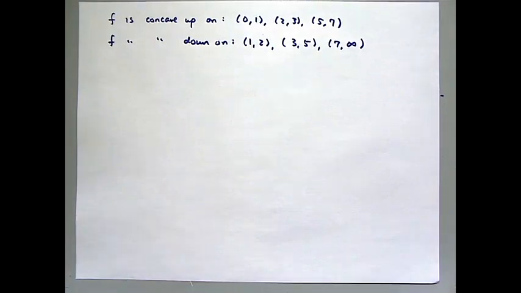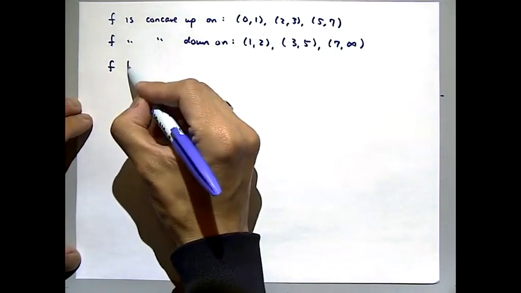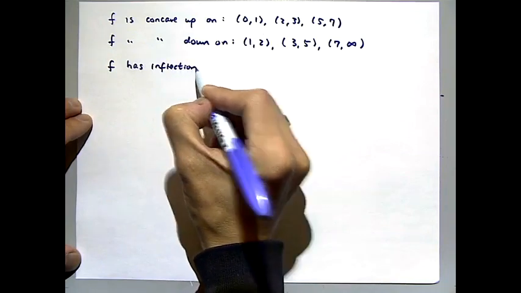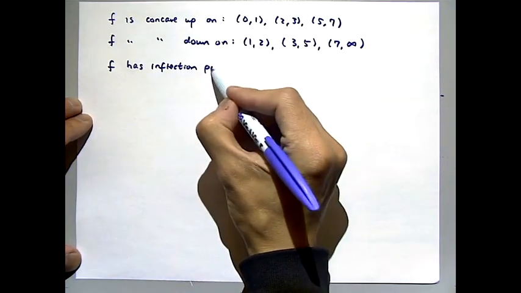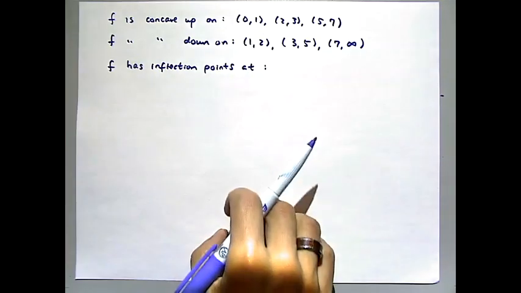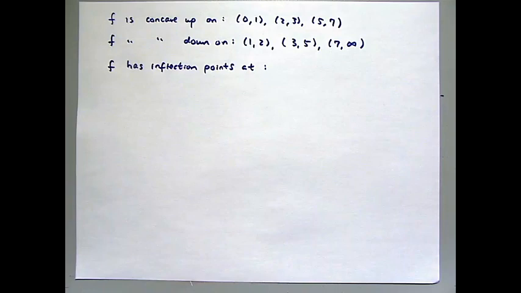How many inflection points does f have? Several. Okay, good. Be more precise. And where are they? Yeah, those are the local max and min of f prime, right? You look for them. We have 1, we have 2, 3, 5, 7.